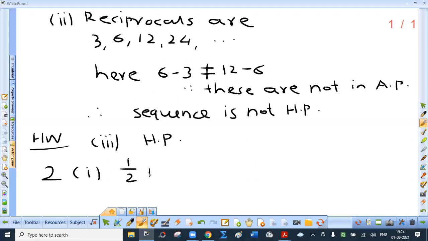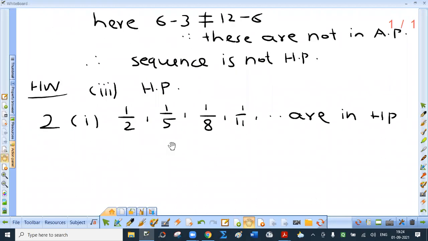So 1 by 2, 1 by 5, 1 by 8, 1 by 11 are in HP. Therefore, 2, 5, 8, 11 are in AP.